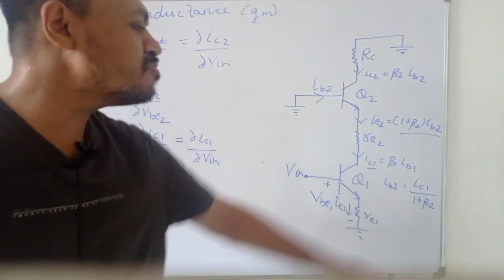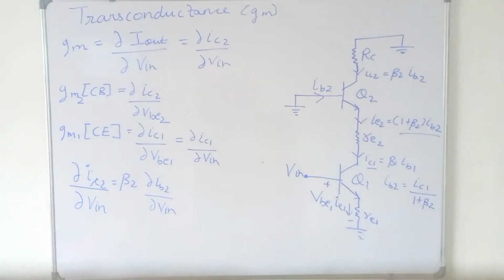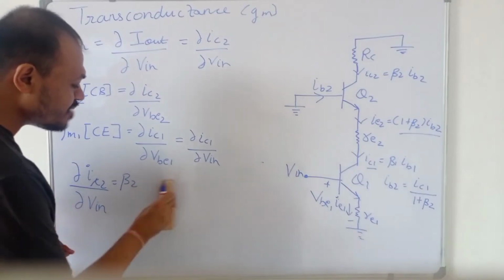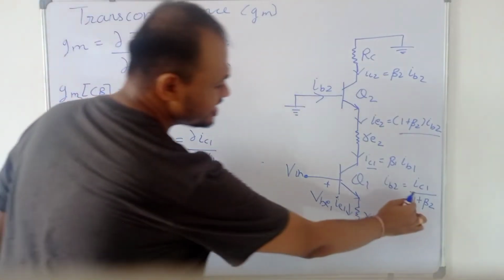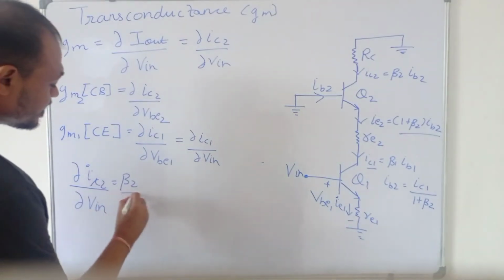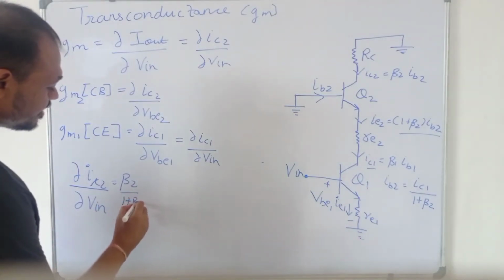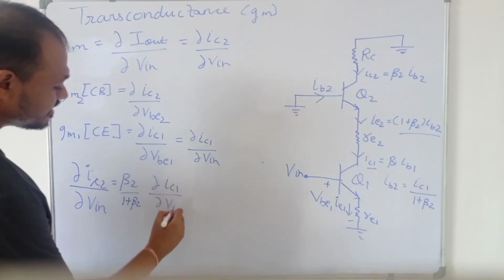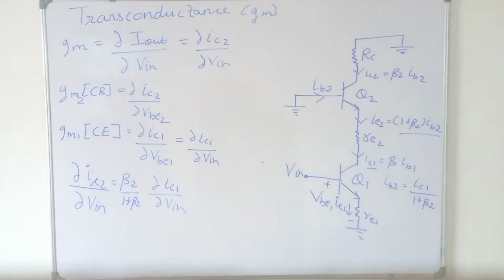So delta IB2 by delta V in will be equal to delta IC1 upon delta V in multiplied by 1 upon 1 plus beta 2. Because current gain of a transistor is constant, so it is 1 upon 1 plus beta 2 into delta IC1 upon delta V in.